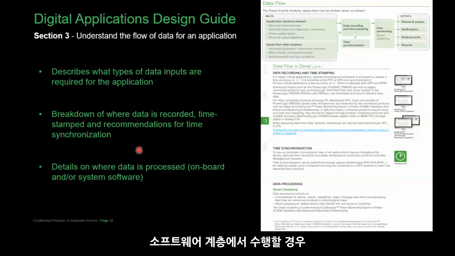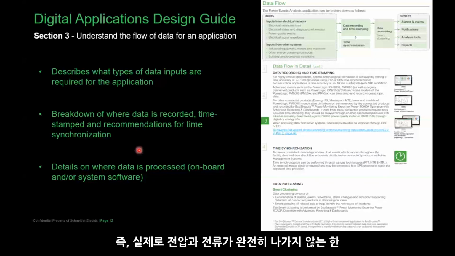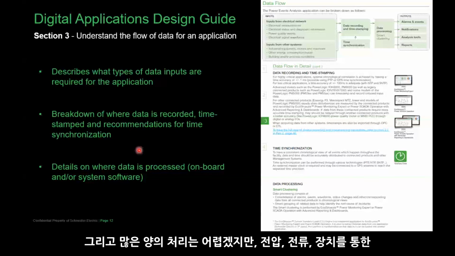If you do it at the software layer, I feel the con is that once you have a communication break, meaning no data flowing from the hardware to the software, the software doesn't receive any raw data and can't process the information. But if you do it at the hardware level, it's more secure, right? Unless the voltage and the current are totally out and the meters are not functioning, you can't do much calculation.